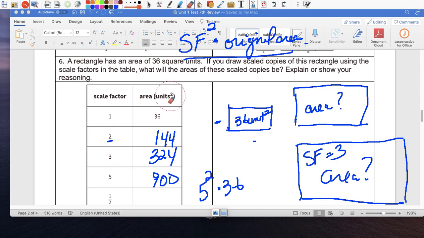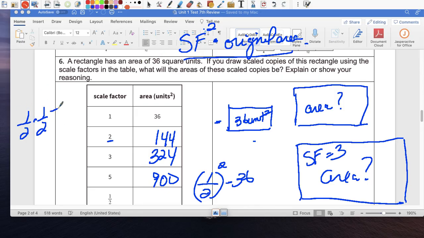And then a half. Well, just because it's a half, it's still the same fractions. Half to the second power times the original, which is 36. What's half times half? So take half over here and multiply by half. 1 times 1 on the top is 1, and 2 times 2 is 4. So half to the second power is actually 1/4.